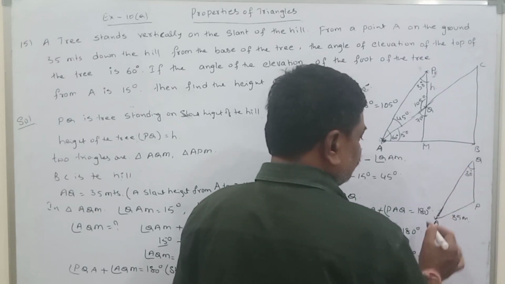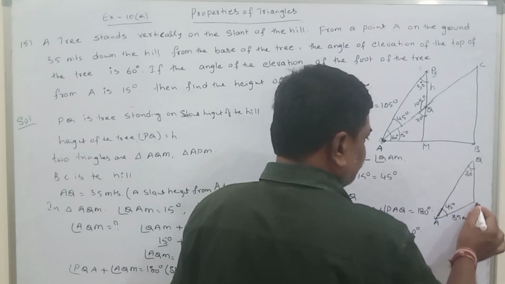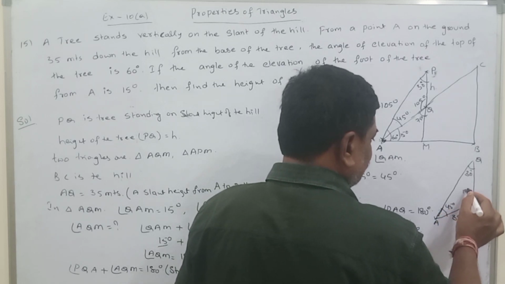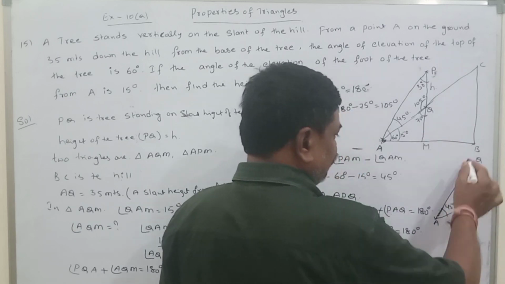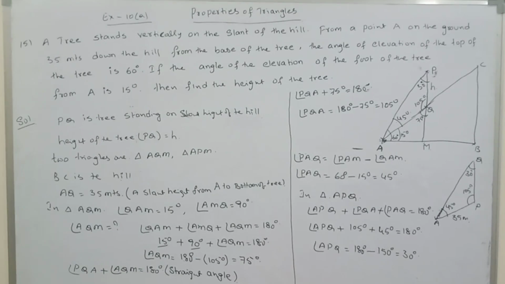We already found this, and this angle is 45 degrees, and this angle is 105 degrees. Okay, this is the triangle we have.